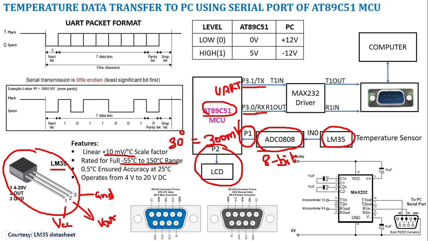When we look at the signal levels coming out of the UART from a microcontroller, to indicate a logic low it will be 0 volt, and to indicate a logic high it will be 5 volt. Whereas in case of a PC, logic 0 is represented by plus 12 volt and logic 1 is represented by minus 12 volt.